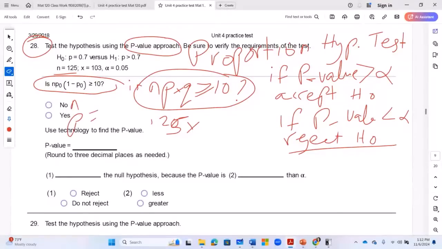So P hat is 103 over 125, just so everybody knows. So use 103 over 125. That is the P, and I can get my calculator and find what P is.